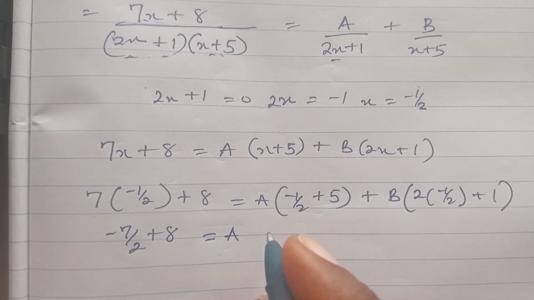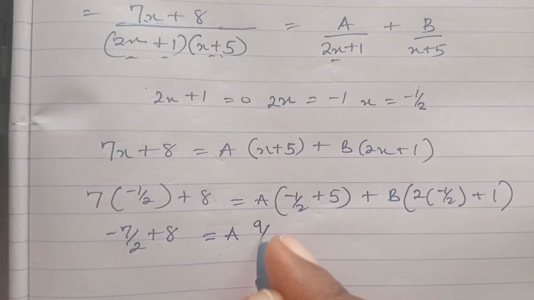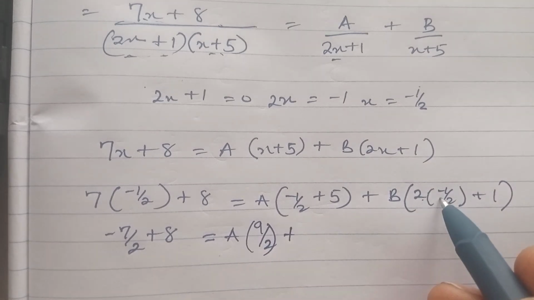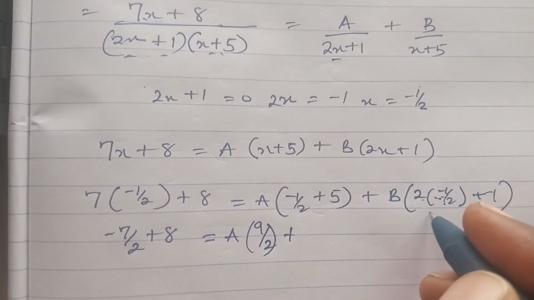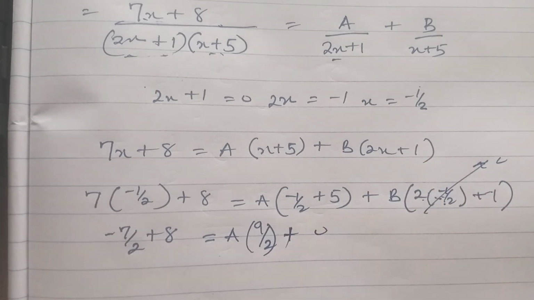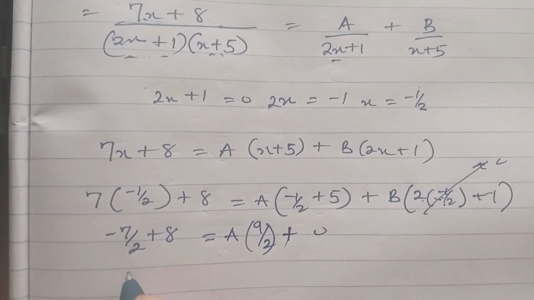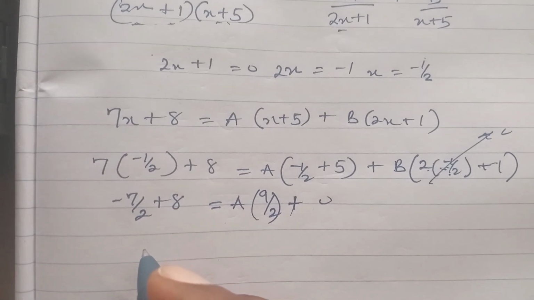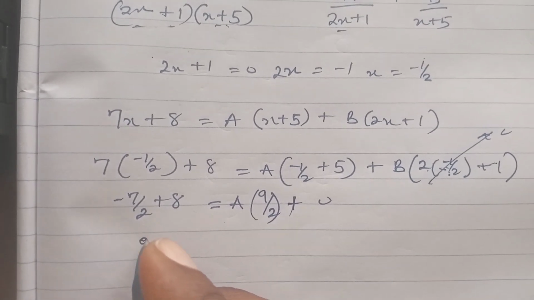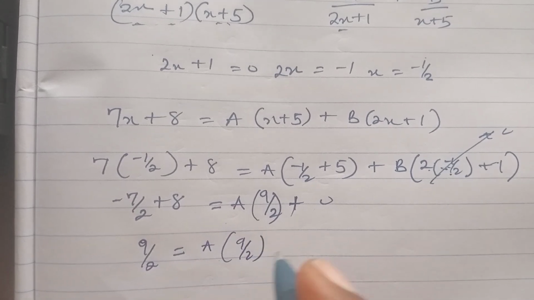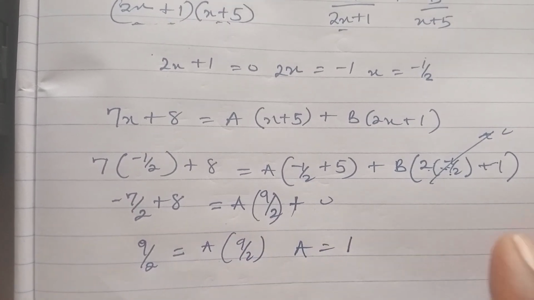We have 9 over 2, plus this will give minus 1. Then minus 1 plus 1 is 0. So this one will go to 0. So we don't need to write it again. What's minus 7 over 2 plus 8? We're going to have 9 over 2. 9 over 2 equals a times 9 over 2. So a is 1.